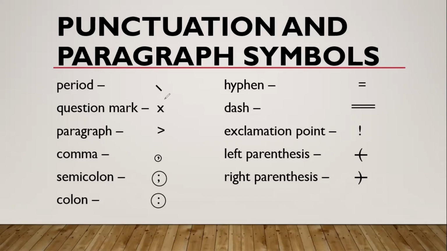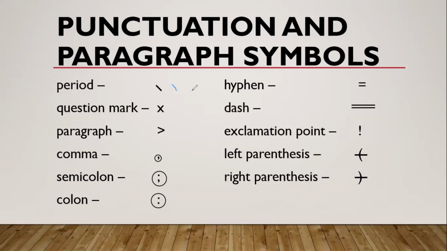Okay? So here, the most common punctuation that we are using is period, right? So here, sa shorthand, ang stroke for period is this one. Okay, para siyang slant na line, pero pag ganito yung itsura, okay?